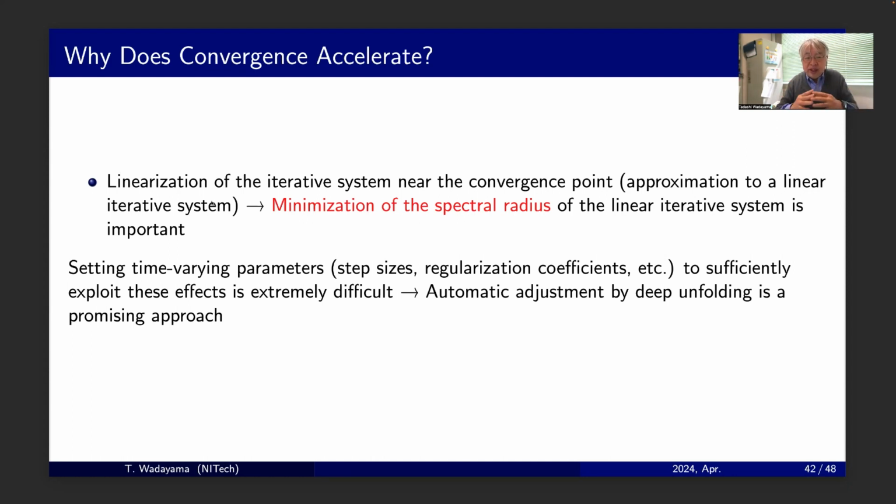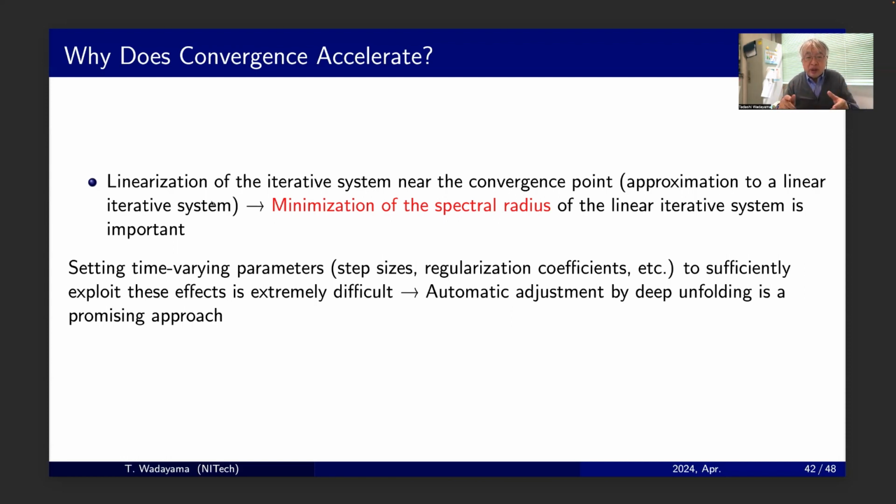If we linearize the ISTA iterative system around the convergence point, we can get the approximate linear iterative system. This process is also called linearization around a fixed point. The convergence speed of the linear iterative system is dominated by the spectral radius of the system.